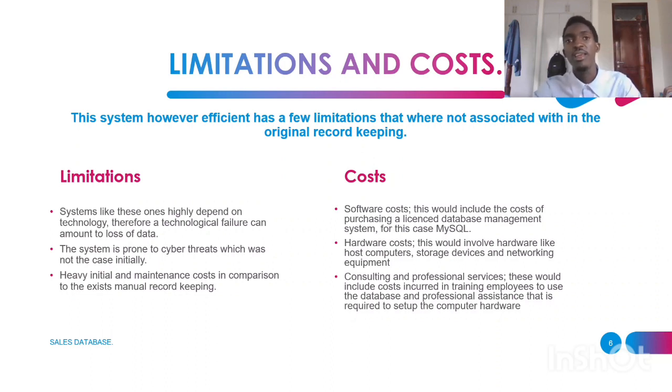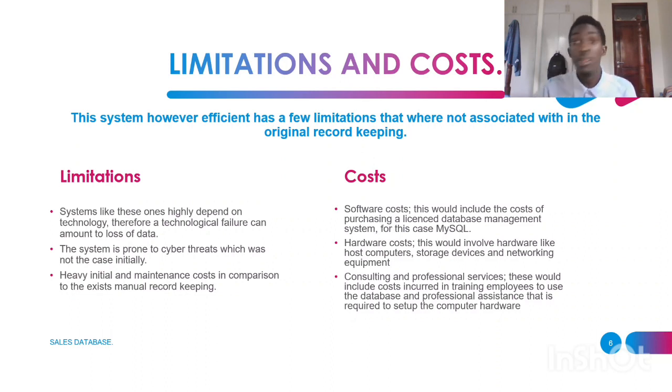This database specifically is a web design database, so it requires someone to first of all have data to work on in the database, and then also have technology. That means a computer or a phone, which wasn't the case originally, because one would just have a book and a pen, and those were pretty affordable. So these things are a little bit expensive and they depend on technology.